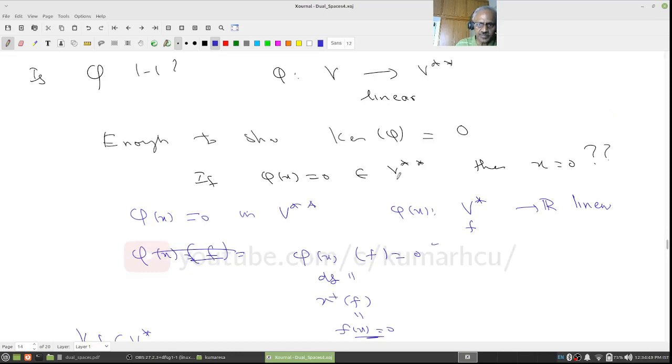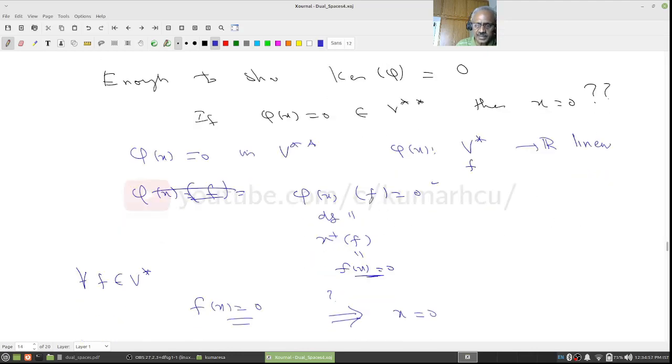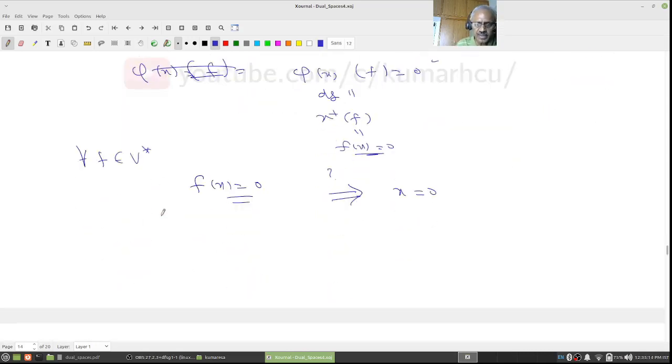Suppose phi of x is 0 as an element of V double star. That means phi of x is 0 as a linear function from V star to R. That means when it operates on any linear function f in V star, it is 0. But phi of x acting on f is the same as x star acting on f, which is f of x. That means for every f in the dual space V star, f of x is 0. And then I want to claim that the vector x itself is 0.